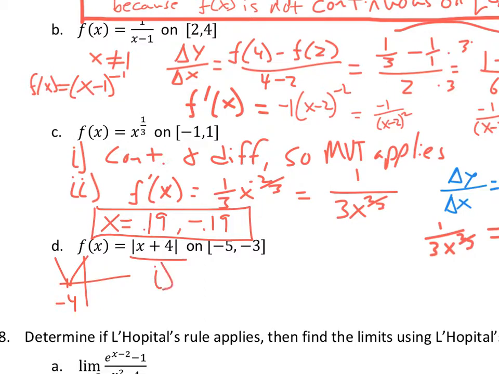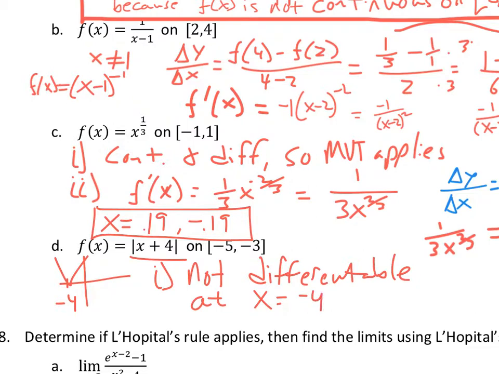So for part 1, it's not differentiable at x equals -4. Since -4 is in this interval, MVT doesn't apply. It fails the test.